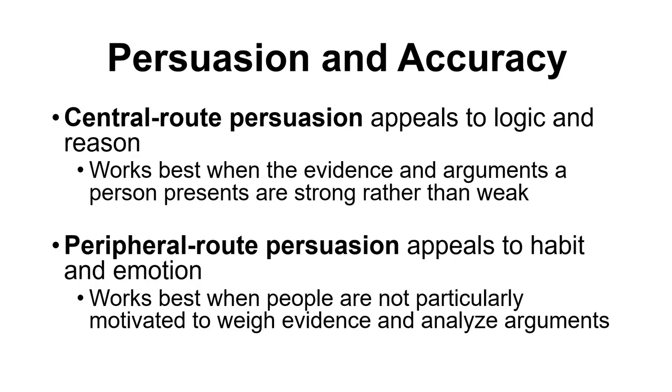This peripheral route ends up working better when people aren't particularly motivated to weigh the evidence and actually analyze the arguments. And if you want to get really controversial and look into it yourself, I highly recommend looking at political debates, because sometimes you will have a very charismatic speaker who talks really passionately and throws things out there, but in terms of facts, logic and rational reasoning, there might not be a lot of substance.